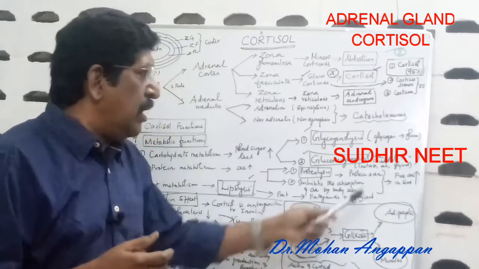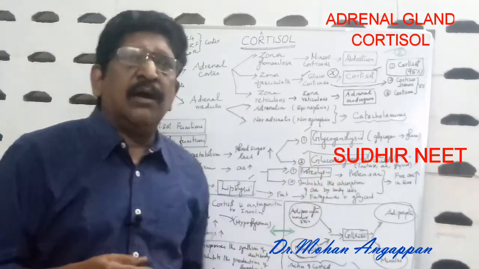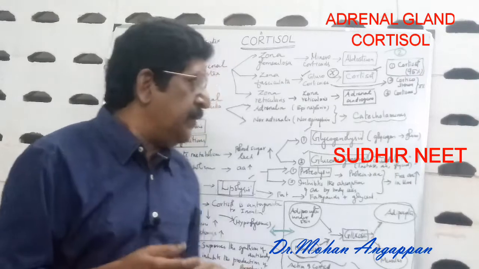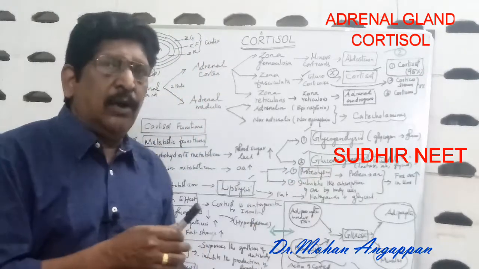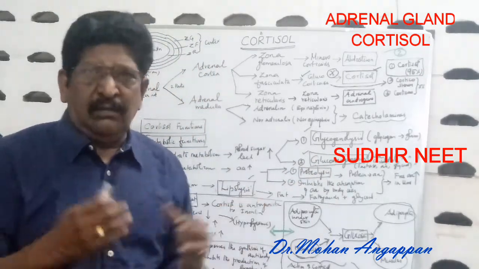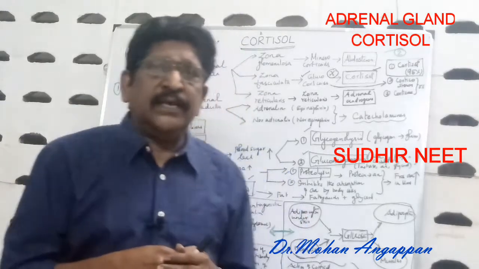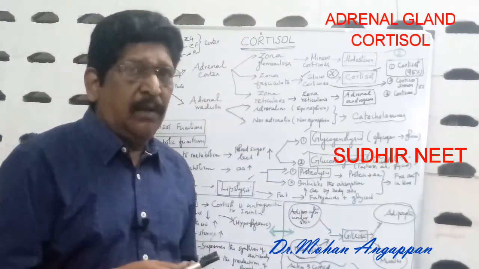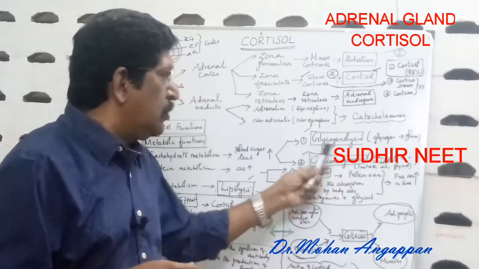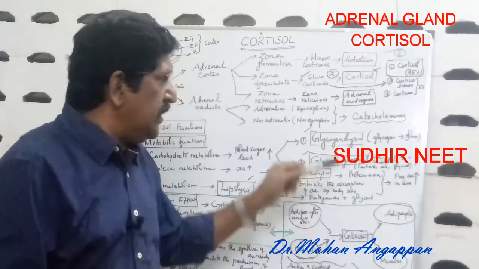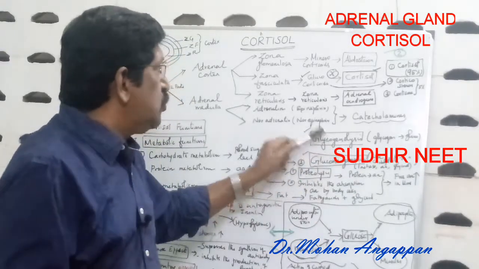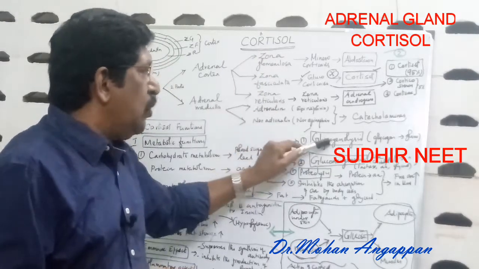This is the process of forming glucose from non-carbohydrate sources: lactate, amino acids and glycerol. That process is called gluconeogenesis. So these two processes are induced by cortisol.